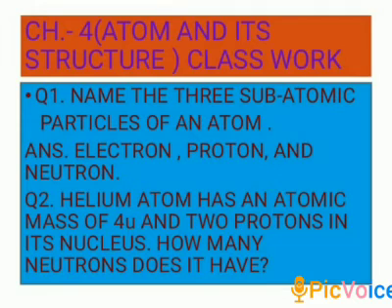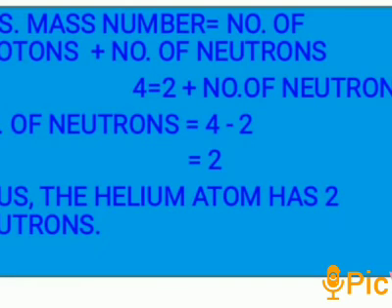The answer is, we know that atomic mass is numerically equal to mass number of an atom. Since the helium atom has an atomic mass of 4 u, therefore the mass number of helium atom will be 4. And the number of protons in the helium nucleus has been given to be 2.